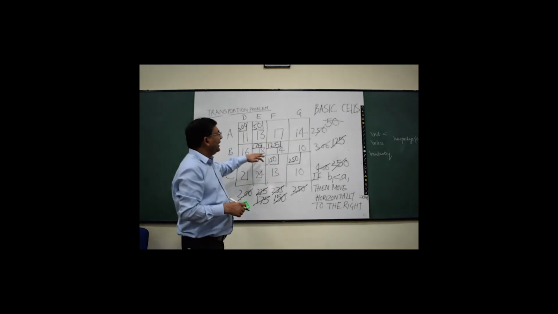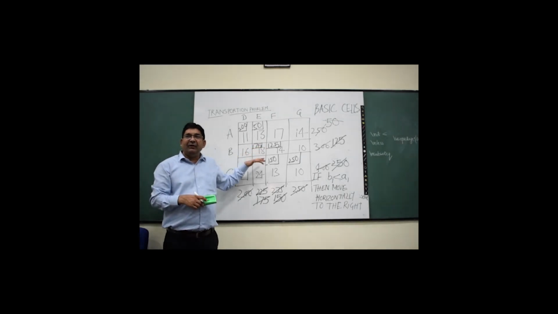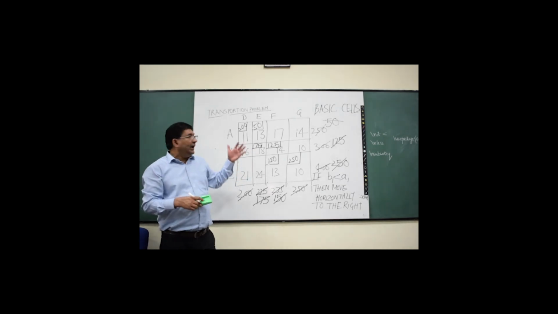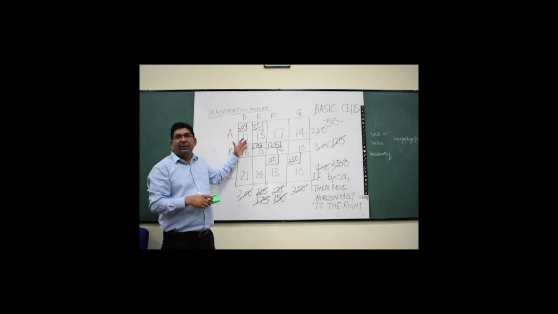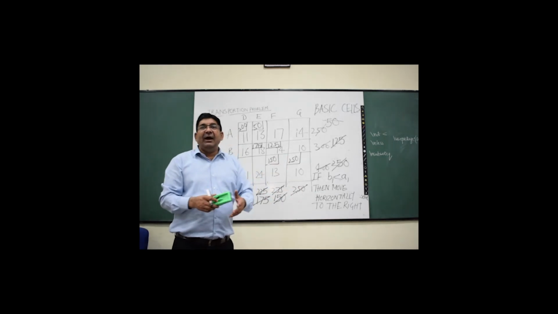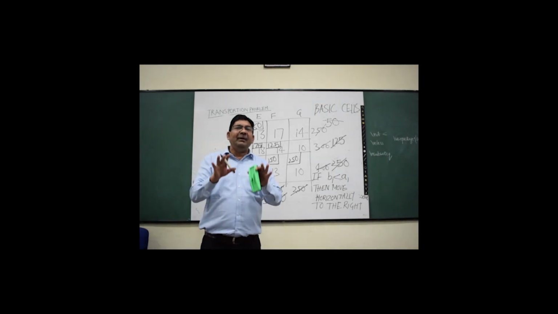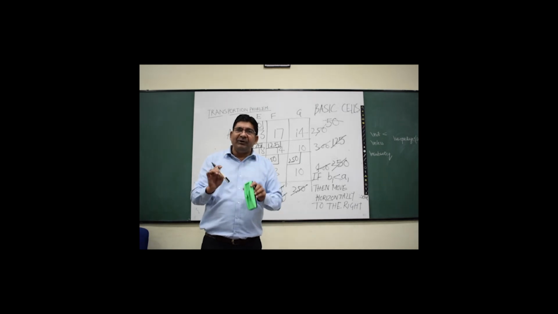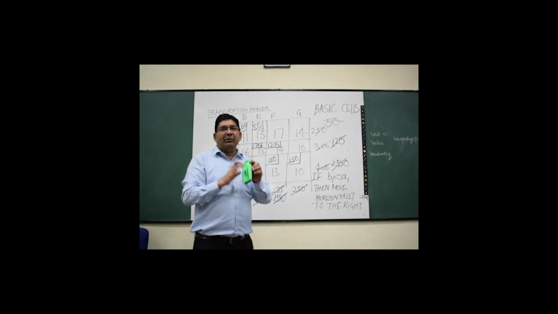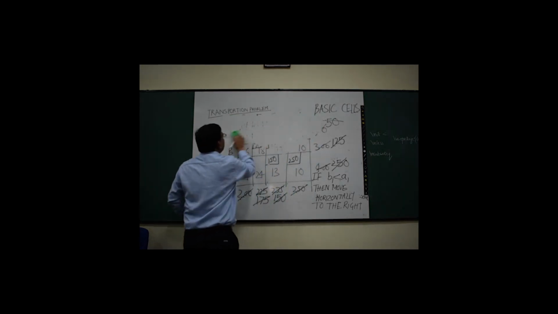So here we have found our initial basic feasible solution with the help of the northwest corner method. Now, I'll take another problem where we want to find the initial basic feasible solution with the help of Vogel's approximation method.